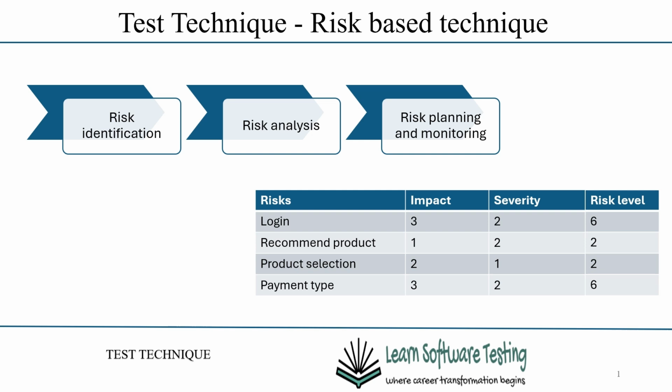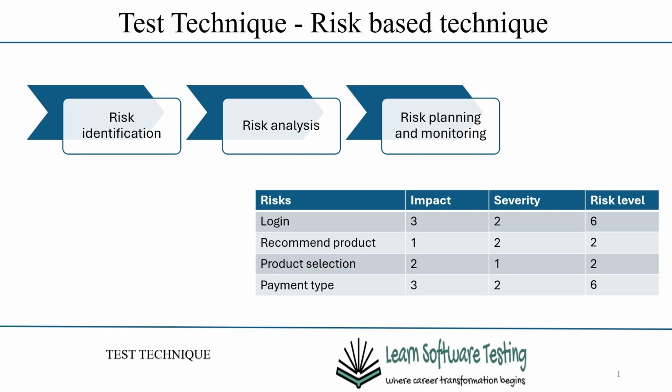It could also even be the test types or the test technique we might use. Okay, so obviously the higher the level of risk, the more effort and the higher level of testing will be required to mitigate those risks from becoming an actual event. Okay, so these are the main steps.